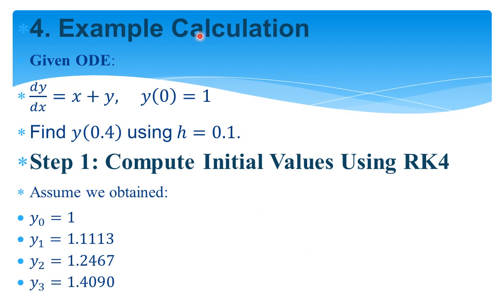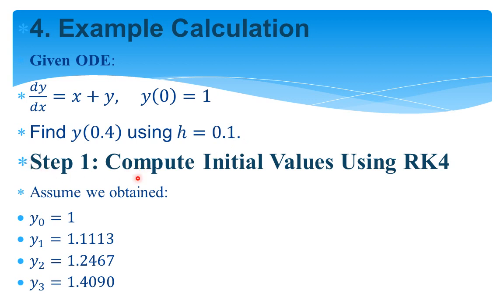Example calculations. Given ODE, ordinary differential equation, dy upon dx equals x plus y, y0 equals 1. It means the value of x0 equals 0 and the value of y0 equals 1. Find y(0.4) using h equals 0.1.